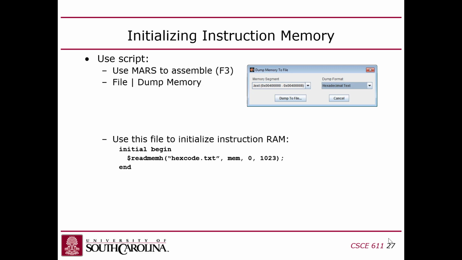If you go into Mars, you write a program, and you assemble it in Mars, which you've all done in 212, all you got to do is go to File, Dump Memory, and you can export your program as basically just a list of hex words corresponding to each machine instruction. Then you can use readmemh, which you guys have all done again in your test vectors for the ALU, to take whatever Mars gives you, and that can be read directly in to initialize the instruction memory.